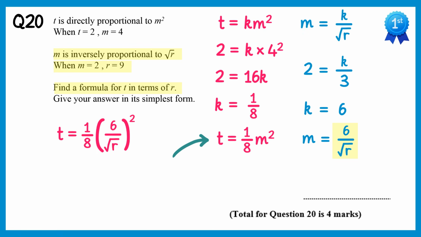So 6 over square root r squared. We can then simplify this, so t equals 1/8 times. Squaring this gives you 6 times 6, 36, and squaring the bottom, square root r times square root r, just gives you r. We can cancel here by dividing through by 4, giving 9 over 2. So the answer is t equals 9 over 2r.